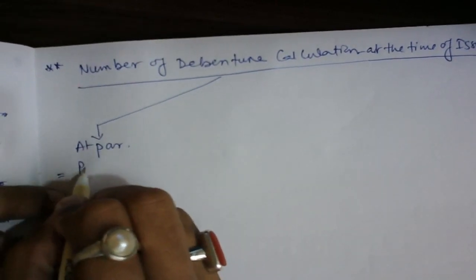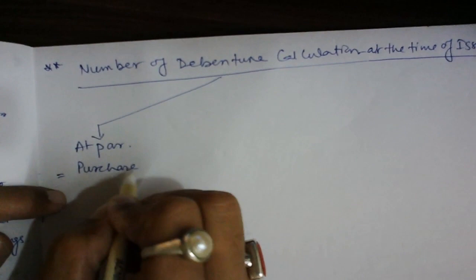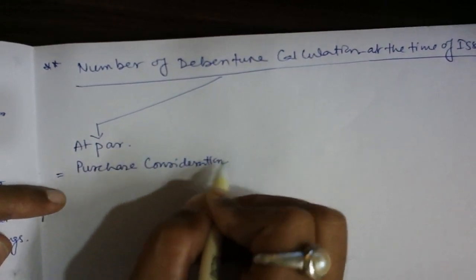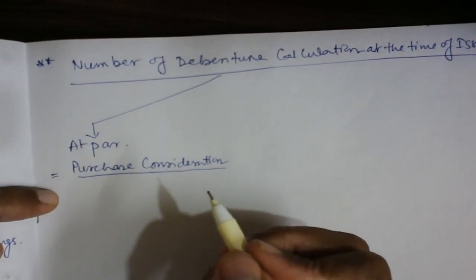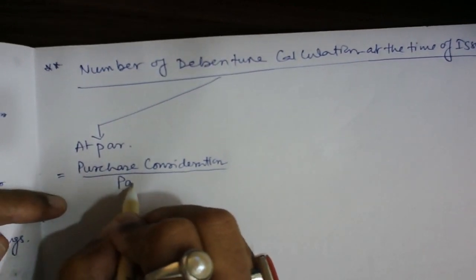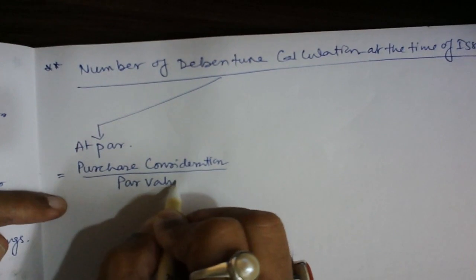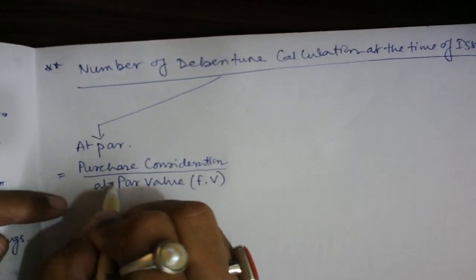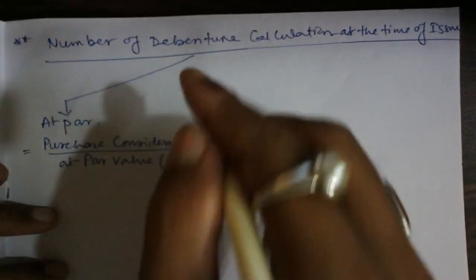You can write here purchase consideration. Purchase consideration means the amount paid or to be paid in terms of debenture for purchase of the asset. It's at par value, or you can say the face value of debenture.